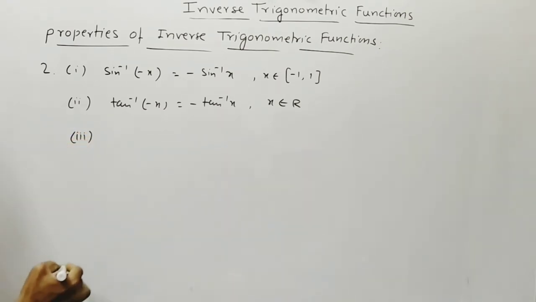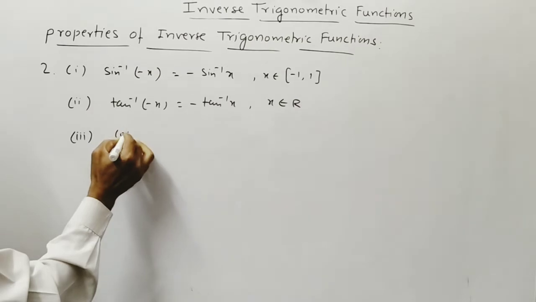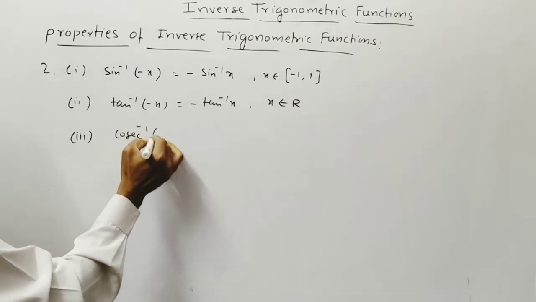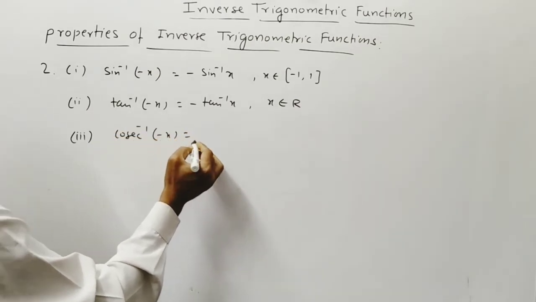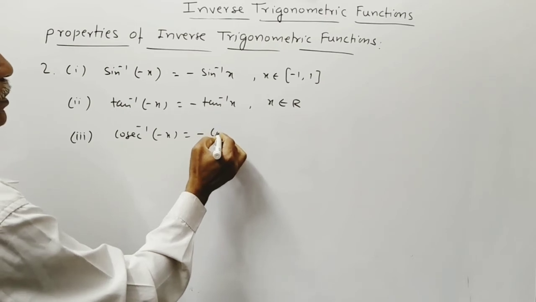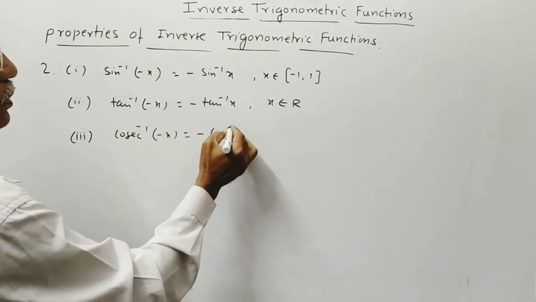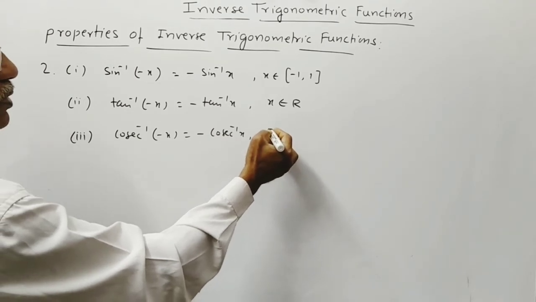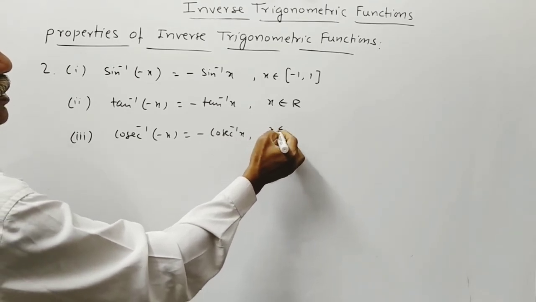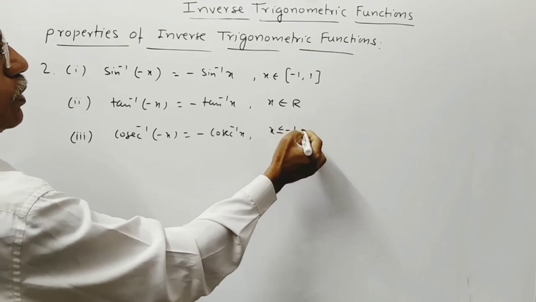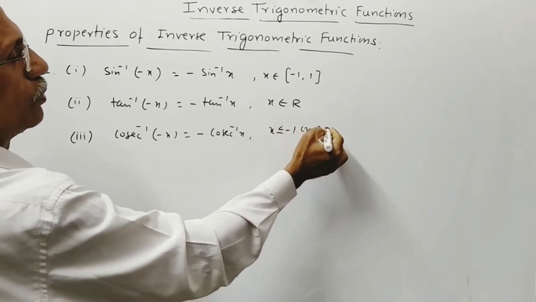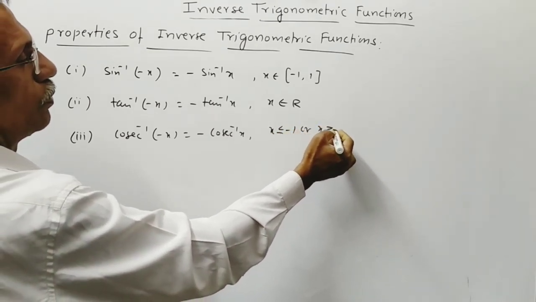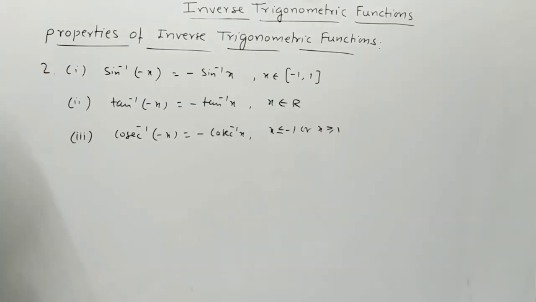Third one, cosec inverse of minus x is equal to minus cosec inverse of x when x is less than or equal to minus 1, or when x is greater than or equal to 1.